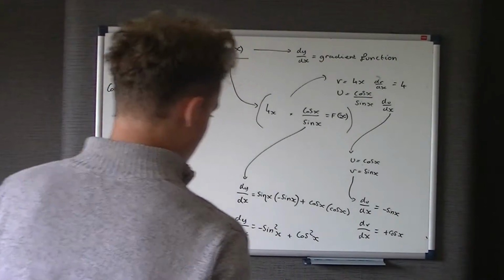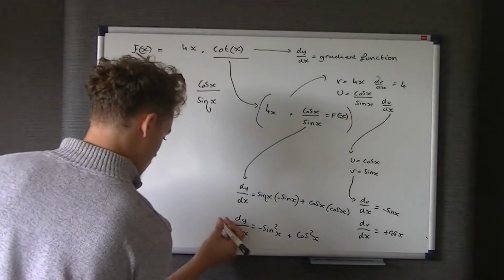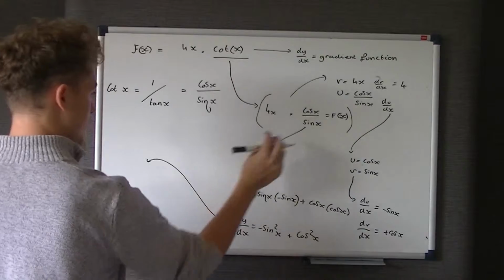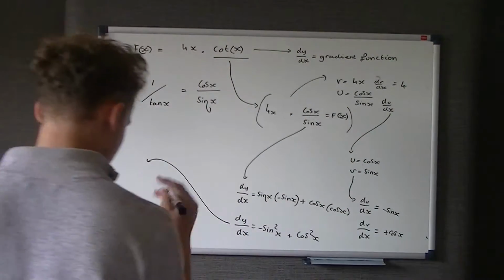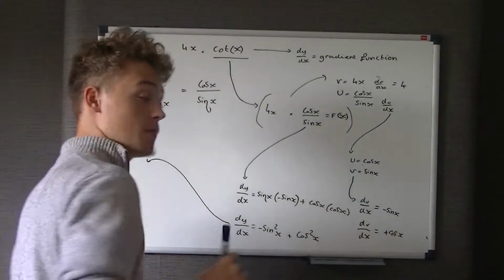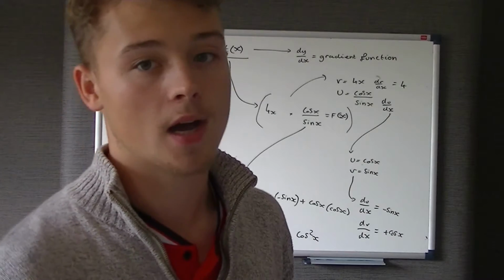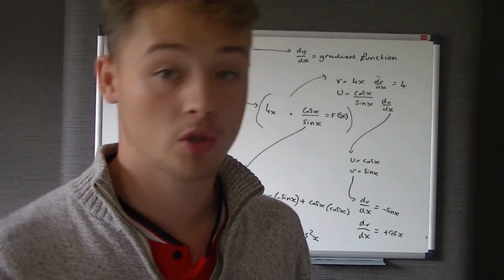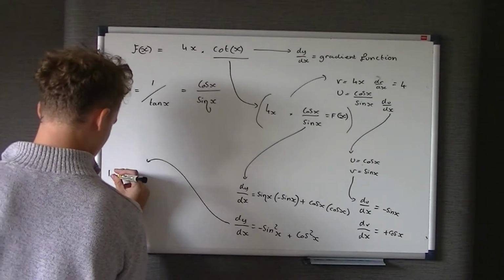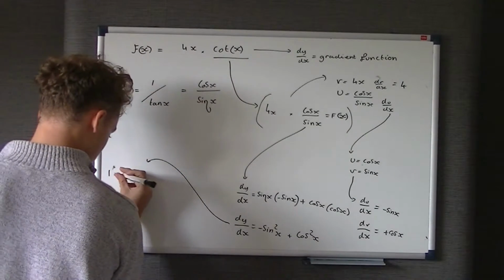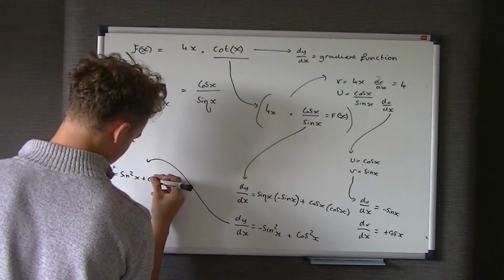The differential of this we know is minus sine squared x plus cos squared x. Now if you cast your mind back to C2, one of the trigonometric identities we looked at was 1 equals cos squared x plus sine squared x, so we can rearrange that: 1 equals sine squared x plus cos squared x.